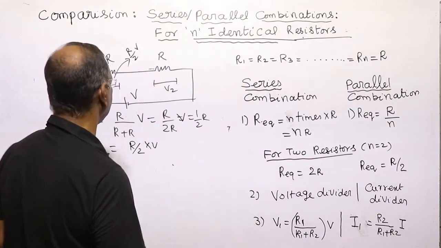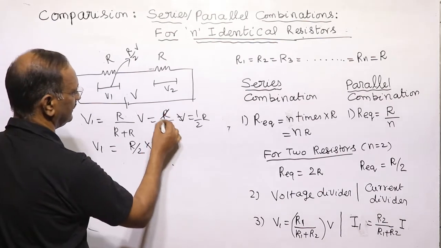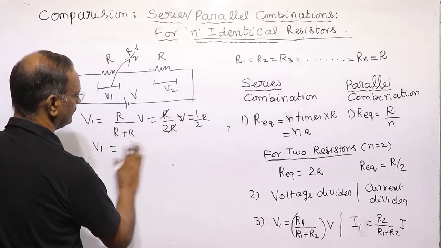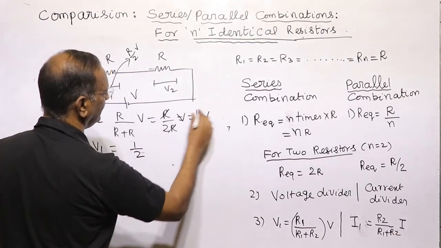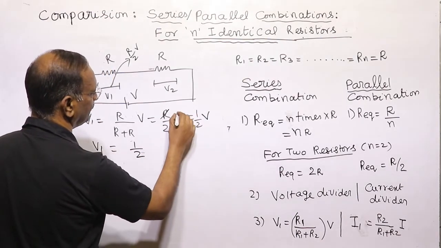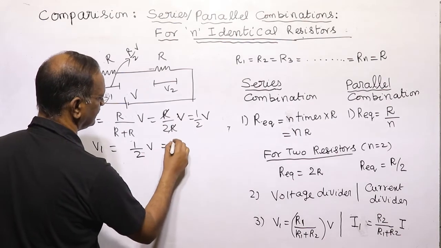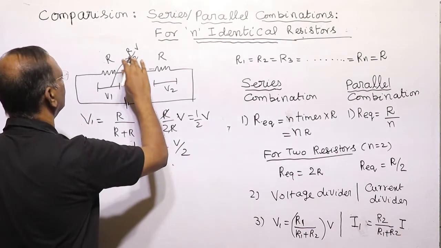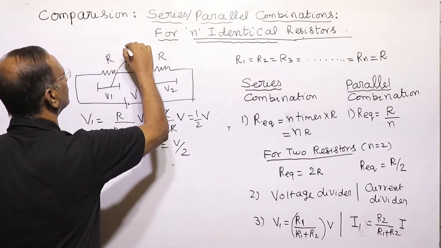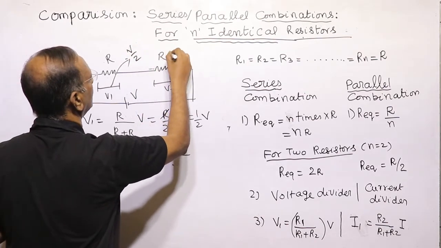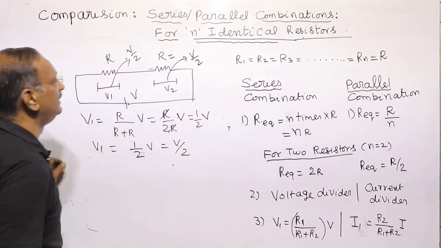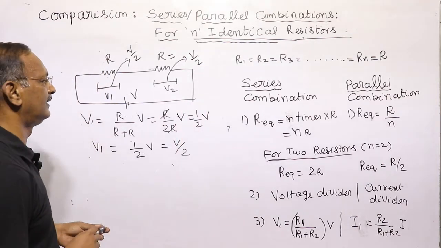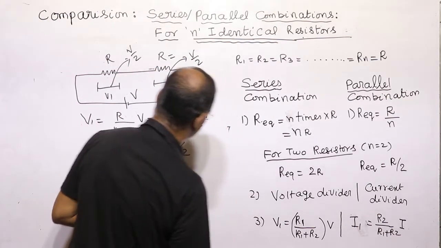So voltage is equal to half times V, so it's equal to V by 2. Here the voltage V1 is equal to V by 2, and here the voltage V2 is also equal to V by 2. This is only in case of all identical resistors.